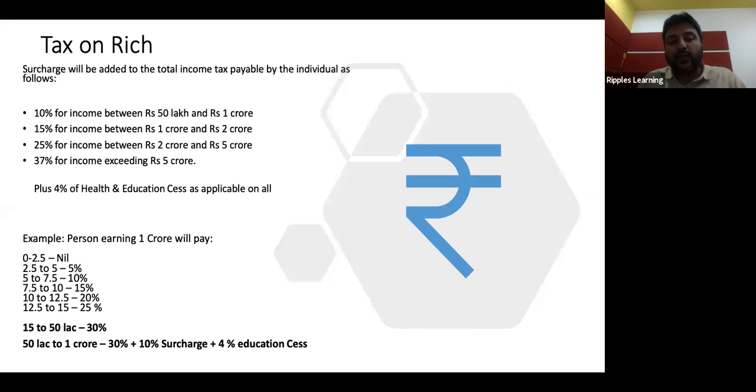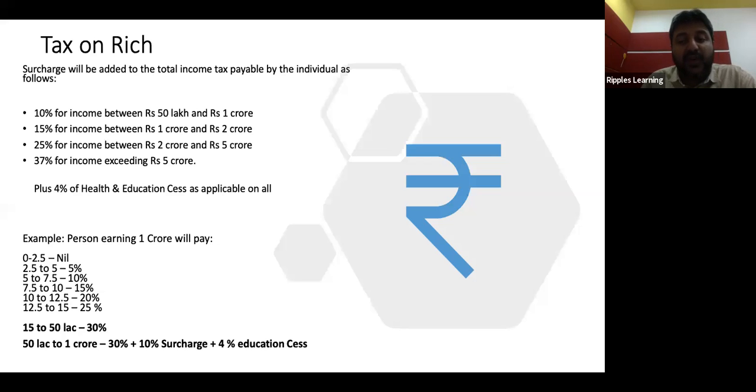What will he pay? 0 to 2.5, nil, 2.5 to 5, 5%, 5 to 7.5, 10%, 7.5 to 10, 15%, 10 to 12.5, 20%, 12.5 to 15, 25%, and 15 to 50 lakhs, 30%. So this is only for the super rich, or you can call it rich.